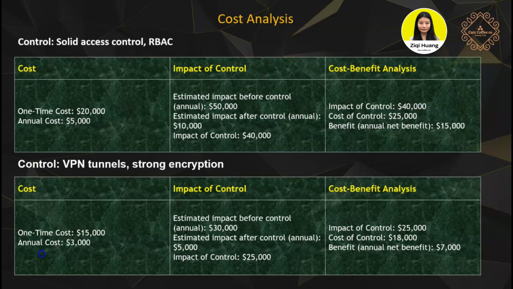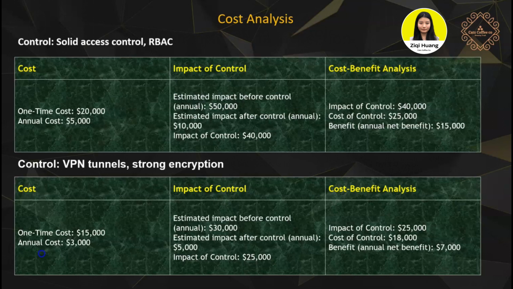You can see before this control, the estimated annual financial impact of the risk was 15,000, but with this control in place, the impact reduced to 10,000. This results in a net benefit of 50,000 annually, showing the value of a good access control system.